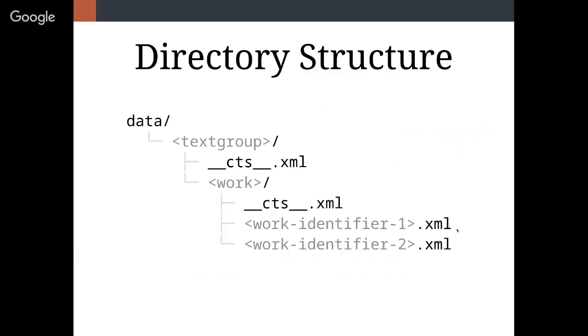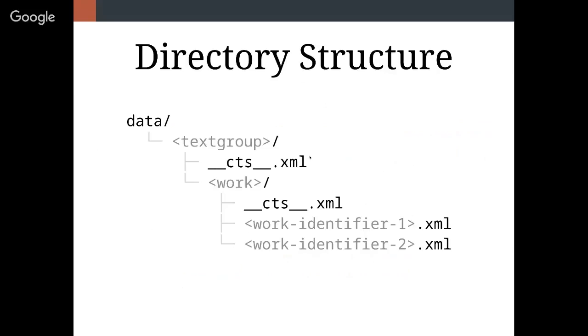And then within that, individual XML files for each work identifier, so an edition or a translation. And in addition to those files, there's this __cts__.xml. This is the additional metadata file that tells Capitains things like the name of your text group or the name of your work in various languages.